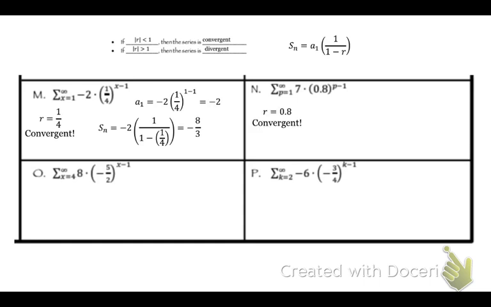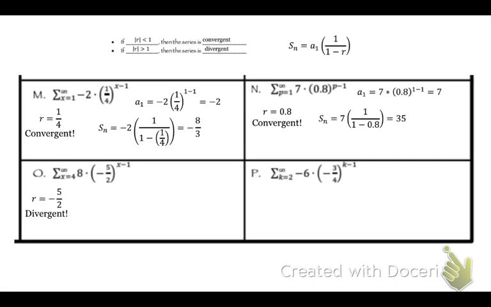This next one, the ratio is 0.8, and that's convergent. Plug in 1, and you get 7. So S equals 7 times 1 over (1 minus 0.8), which is 35. This one, 5/2.